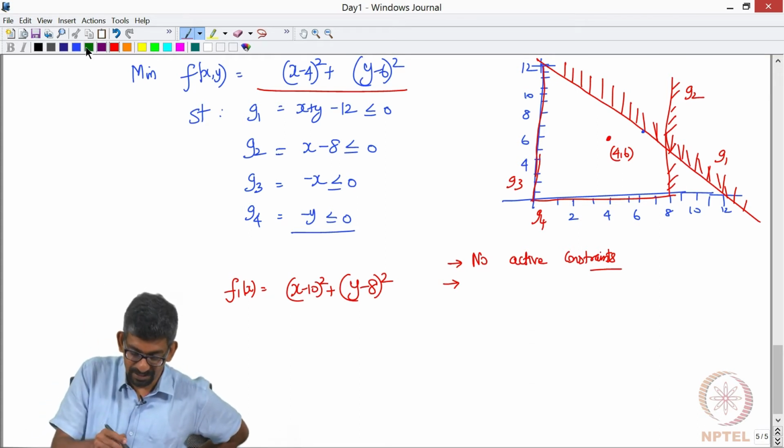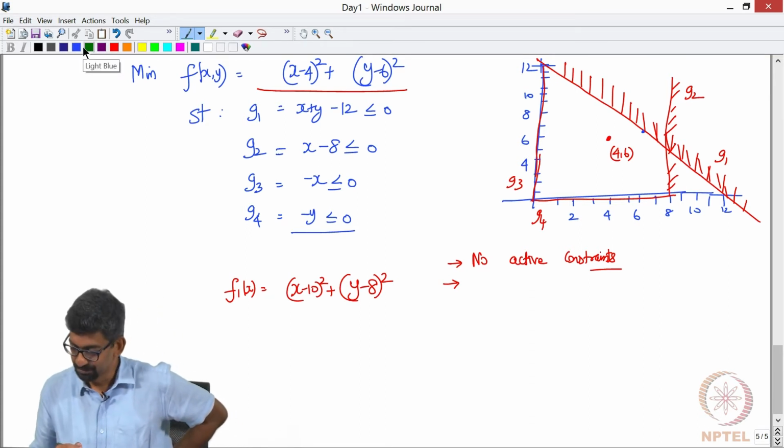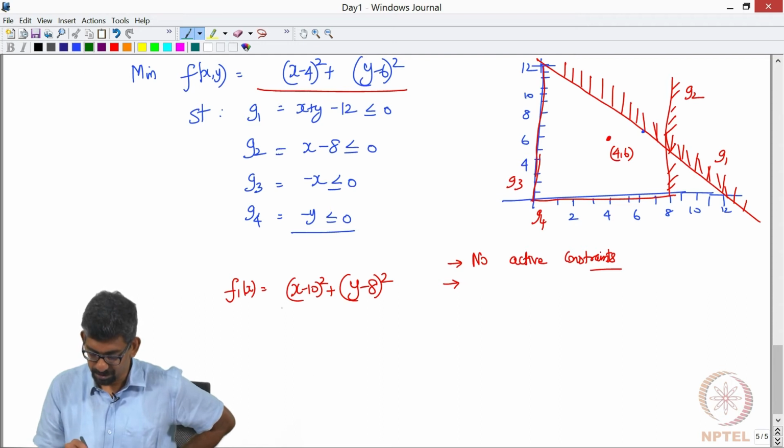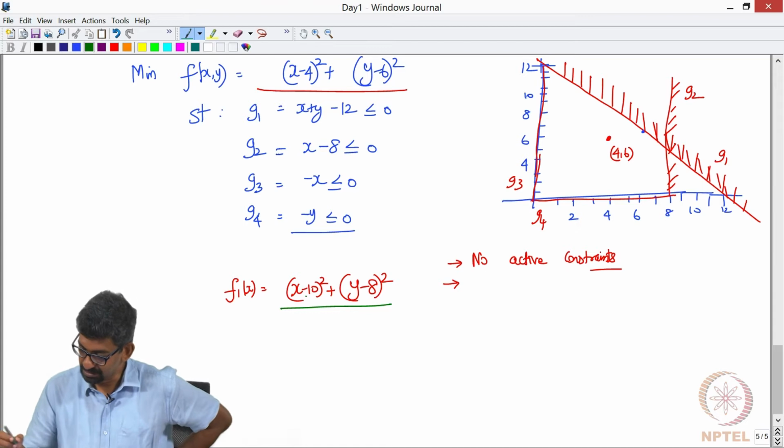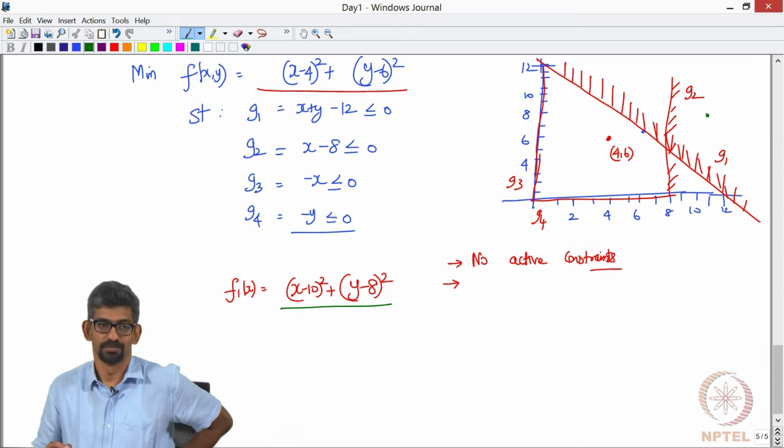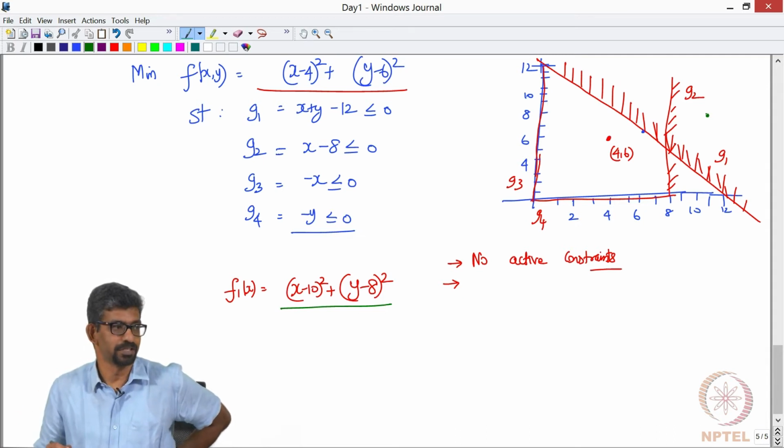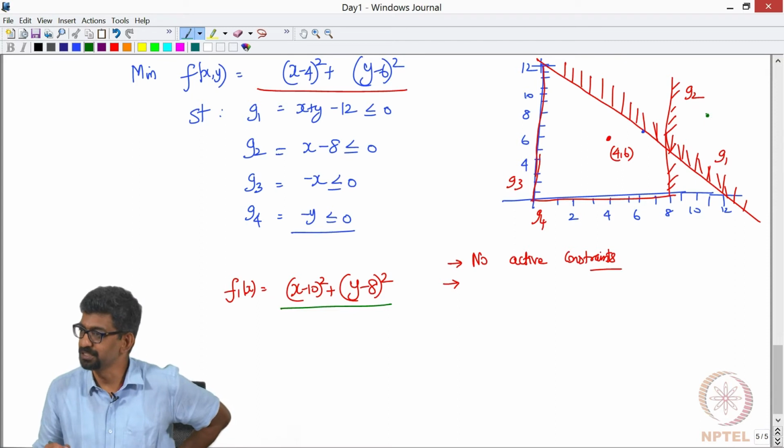Now, I will use a different color for this one. As usual, we will plot, this is also an equation of a circle. So, we will say x is 10 and y is 8. So, the center is somewhere here. The center of the circle is not the optima because it is in the infeasible domain.